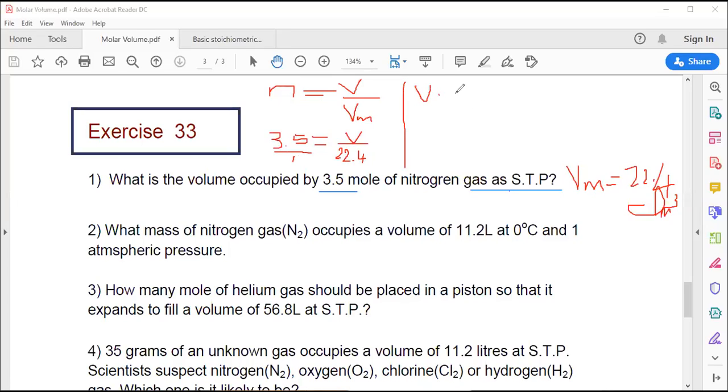Volume is equal to 3.5 times 22.4. What's your answer? 78.4. And what are your units? Cubic decimeter. Right, when you mark, how do you mark?